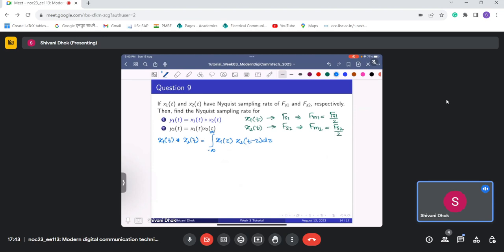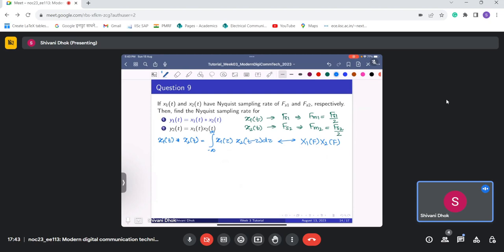This is in the time domain, and if we take its frequency domain representation, then it is simply x1(f) into x2(f). That is, it is pointwise multiplication of these.